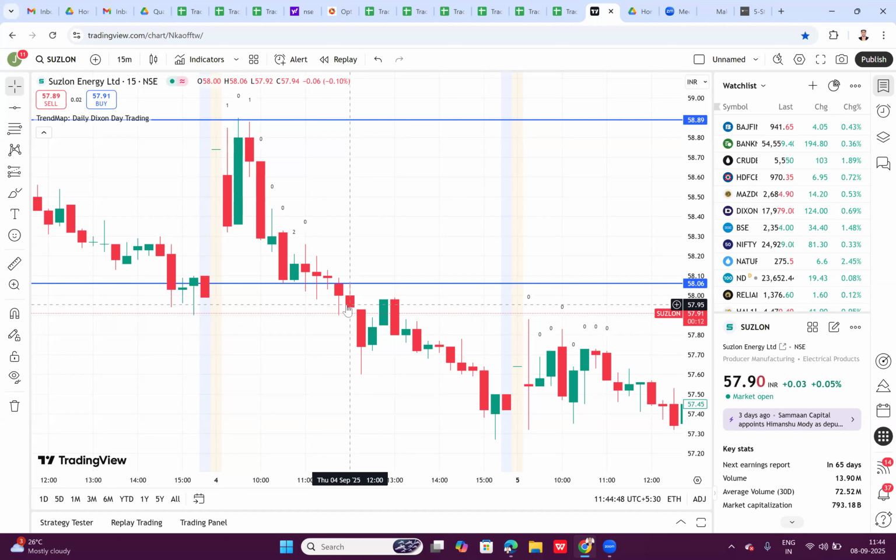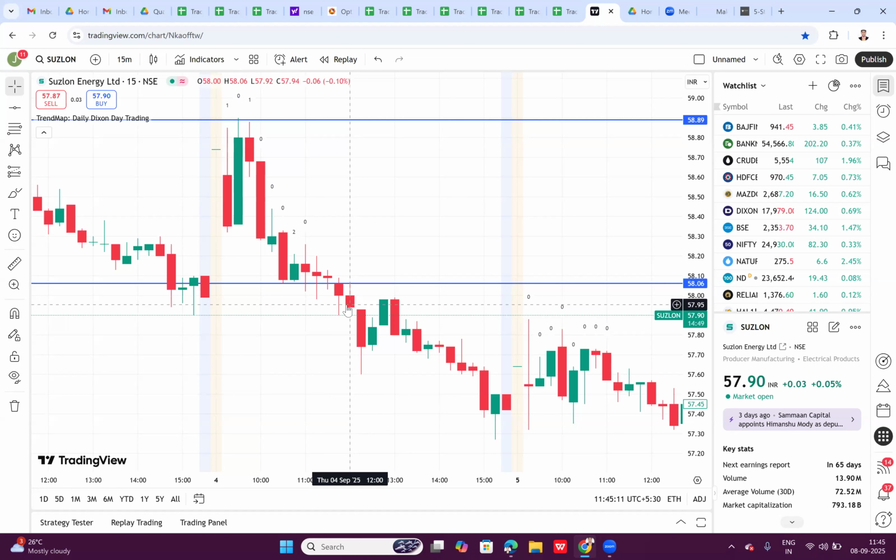Means you can select a strike price which has a premium of 1 rupee or 1.05 or 1.4 or 1.5. And the first target in Suzlon is 20 paisa because the lot size is 8,000.